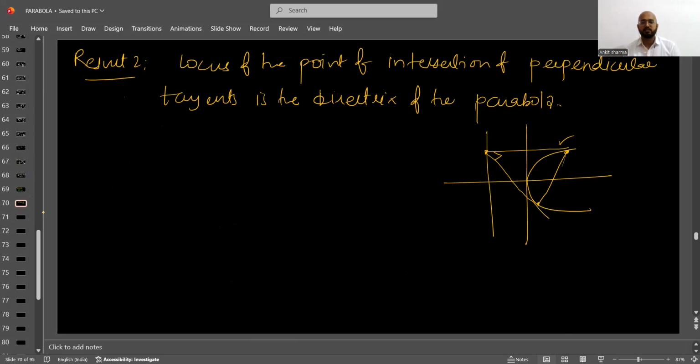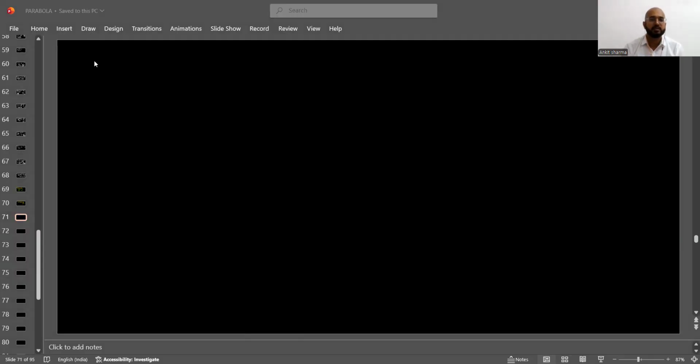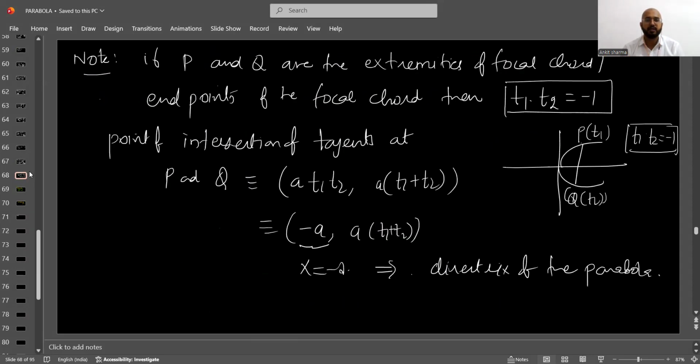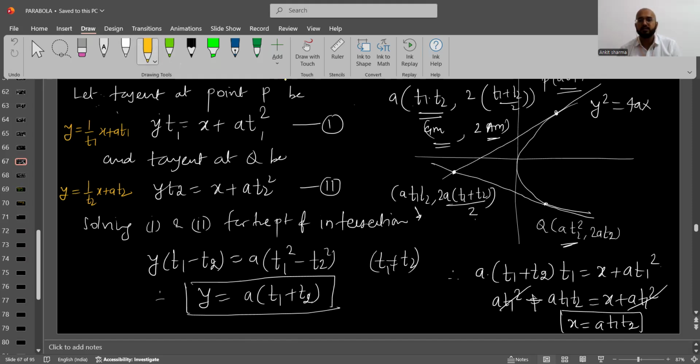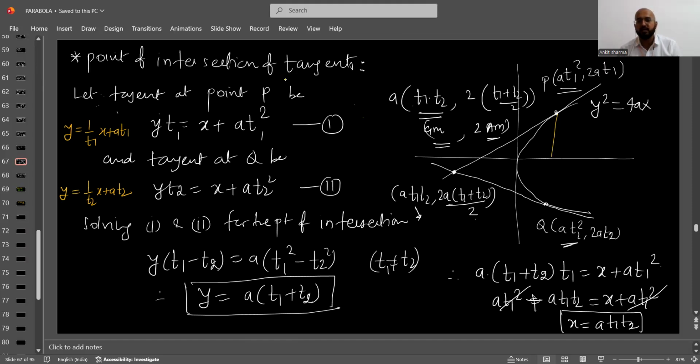Now let's take another section. Now we will see the chord of contact. Here we have the tangents at P and Q. This is my point P and this is my point Q. If I draw a line segment which joins P and Q, this is called the chord of contact of tangents.